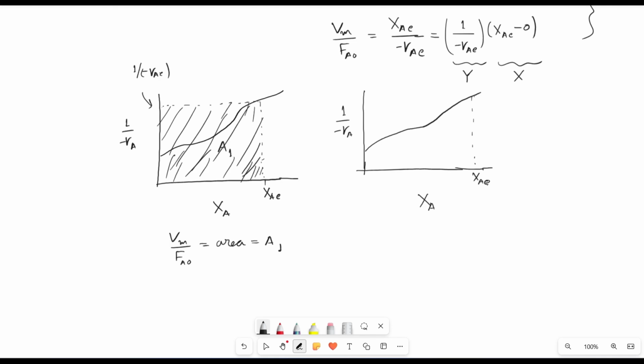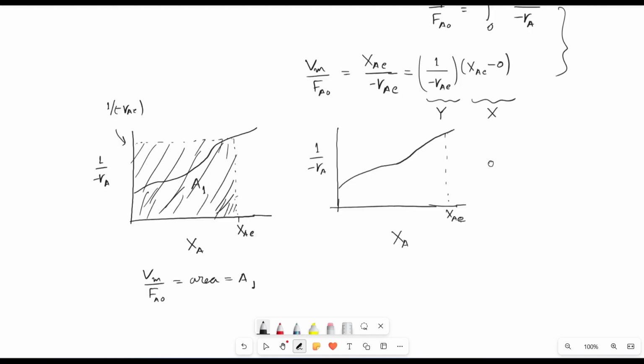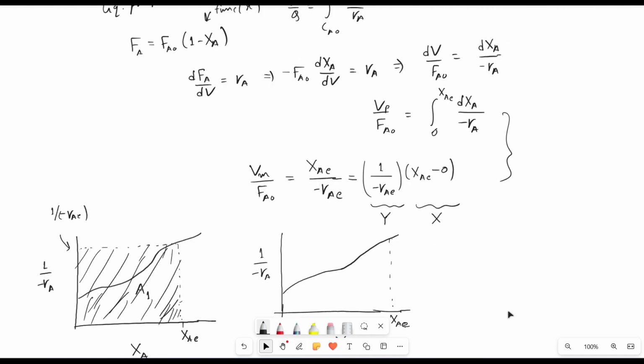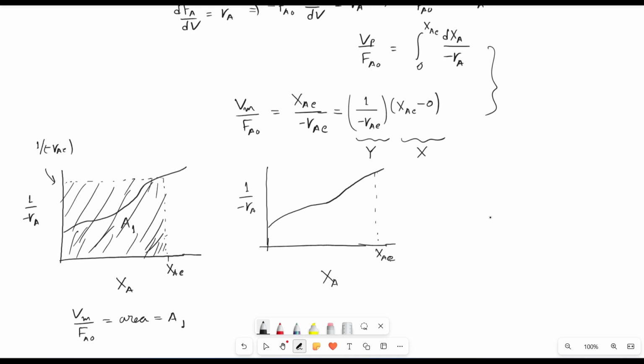If we take this integral expression, the integral from 0 to XA of dXA by minus RA, this is the area under this curve.